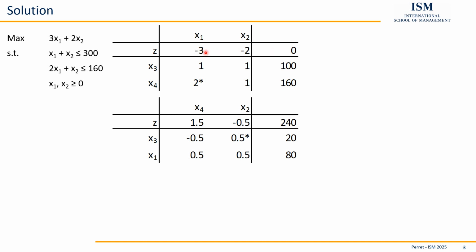So 0 plus 3 times 160 by 2, which is 240. Finally, for this value here, I have this rectangle. So 100 minus 1 times 160 divided by 2, so 100 minus 80, giving me 20.